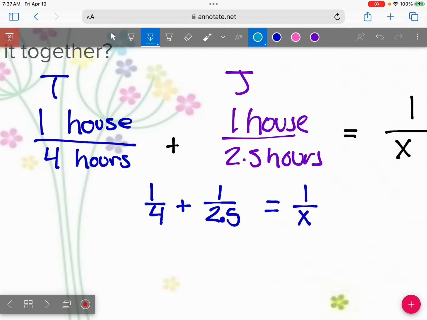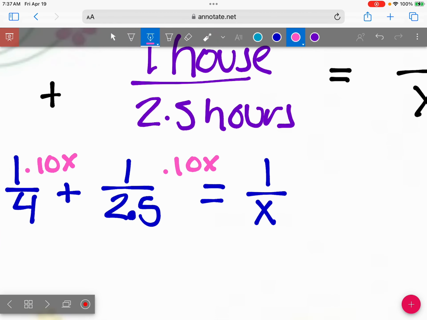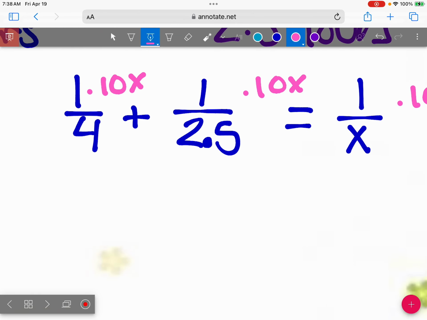So I'm going to multiply all these pieces by 10x, times 10x, times 10x. We multiply each of the pieces by that least common denominator. Then we're going to simplify.